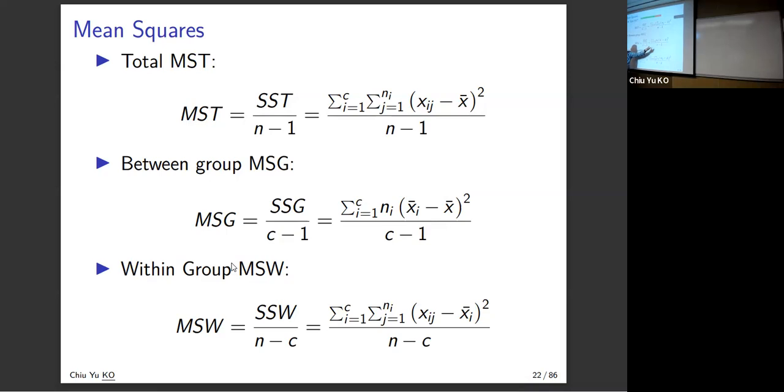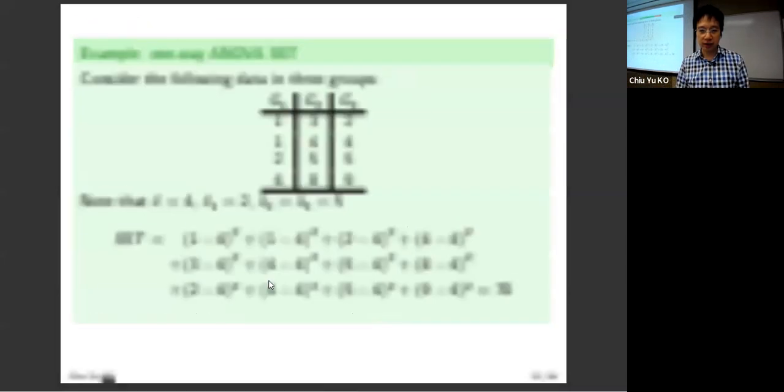Otherwise, if there is an actual difference, this will be much larger, because it captures variation between groups. If they are located in the same place, the variation should be captured by sigma square. But if they are further apart, mu1 not equal to mu2, this will be much larger, because you measure between groups. Look at the graph again to help you see this idea.